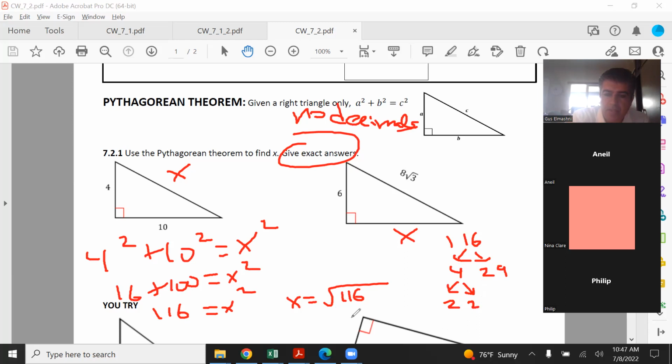So 116 becomes this. 2 squared times 29, or 2 root 29. Another way you can think of this too is that whenever numbers occur in pairs or factors occur in pairs, you just pull them out of the radical. So that's how you would express that as a more exact answer, 2 root 29. Root 116 is also exact, but we can simplify it like that, 2 root 29.